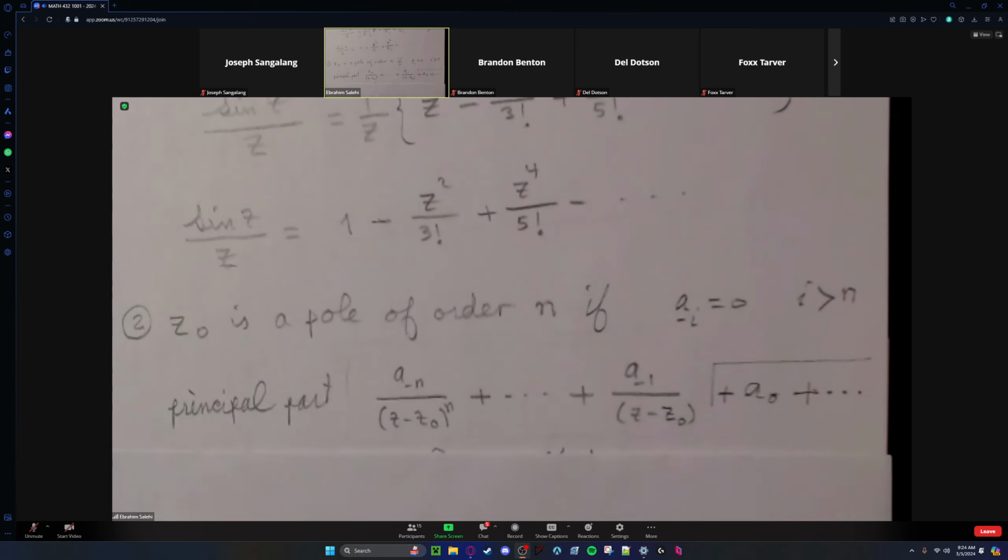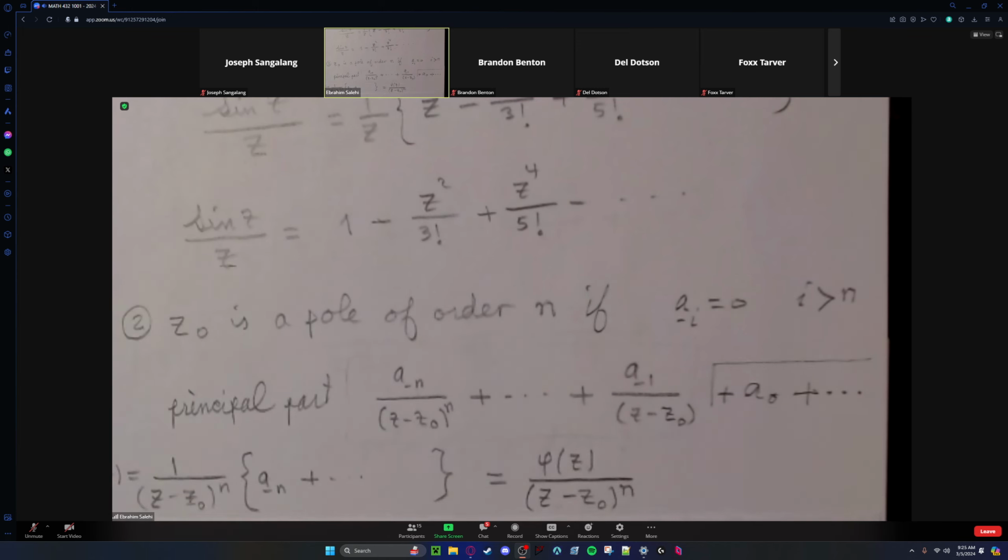It is an isolated singularity, a pole of order n. And if n is 1, which means up to here we only have this one, not this, then we say it's a simple pole.